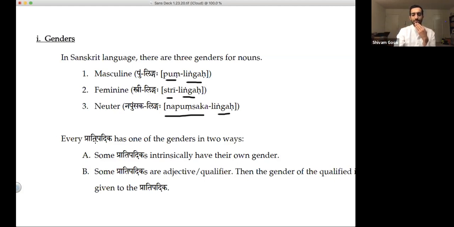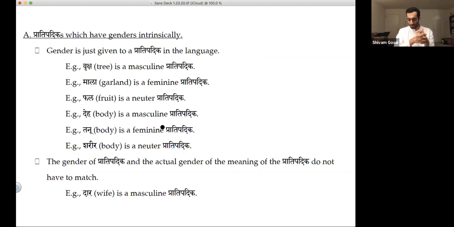Okay, so every pratipadika has gender in these 2 types of ways. One is that for some pratipadikas, Bhagwan has given the gender. It's just there, so some naturally have one of the 3 genders. Let's look at examples. In your book, on page 69 at the bottom, these are some words that naturally have their gender.